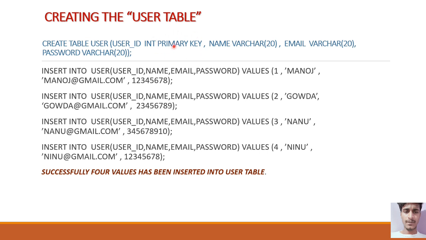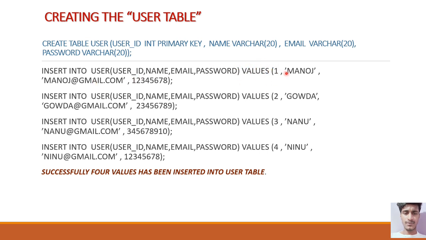For these columns we are inserting values. Insert into is a keyword used to insert data into a particular table. Insert into user, where user is the table name. For these columns we are assigning values, so we used the values keyword here.